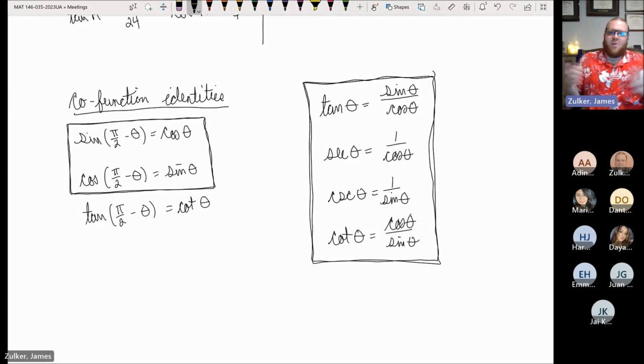So what I have boxed, you may also want to write down on that separate reference sheet with that table that we did almost an hour ago.